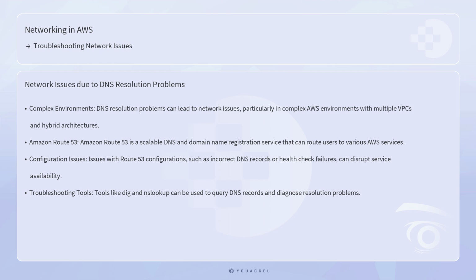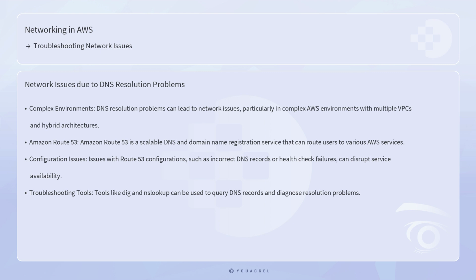DNS resolution problems can also lead to network issues, particularly in complex AWS environments with multiple VPCs and hybrid architectures. Amazon Route 53 is a scalable DNS and domain name registration service that can route users to various AWS services. Issues with Route 53 configurations, such as incorrect DNS records or health check failures, can disrupt service availability.